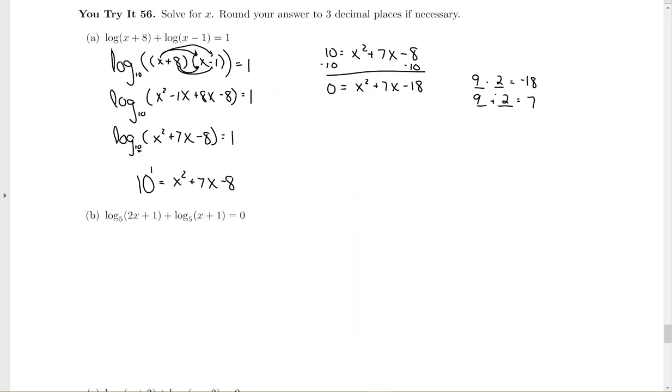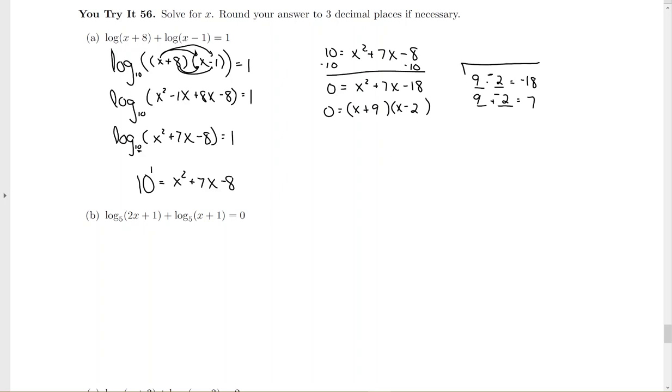But we want a positive 7, so it's going to have to be a positive 9, negative 2, to give me the negative 18. So when I break this down into my 2 parentheses to get x squared, x times x, and then positive 9, negative 2. If you FOIL that all out, you're going to get back x squared plus 7x minus 18.